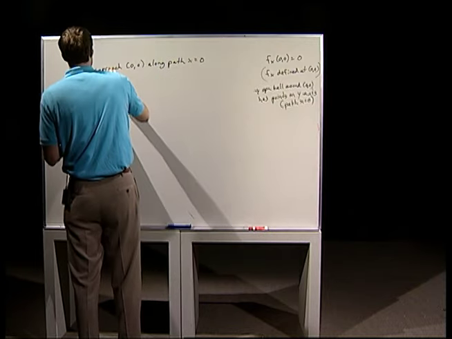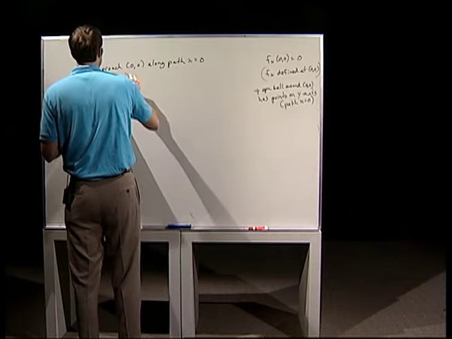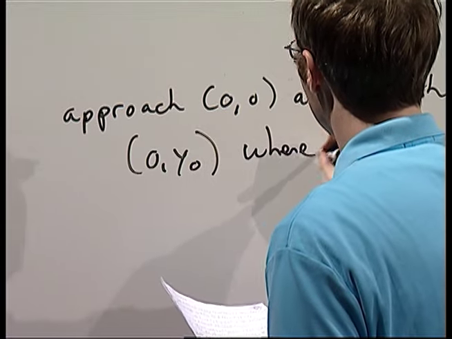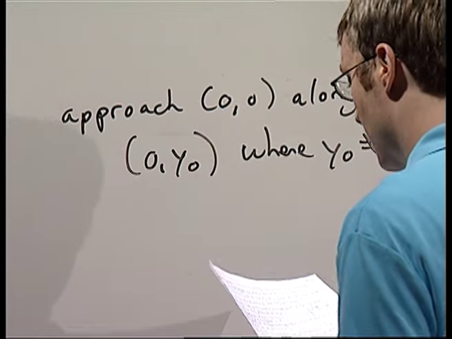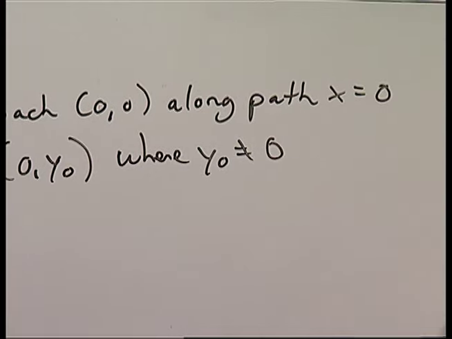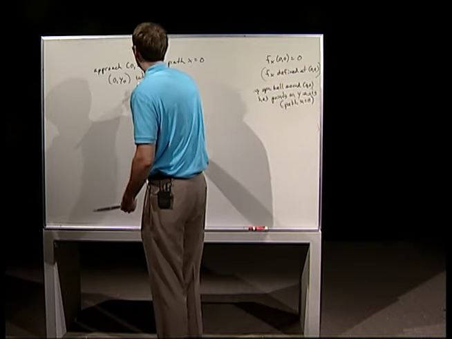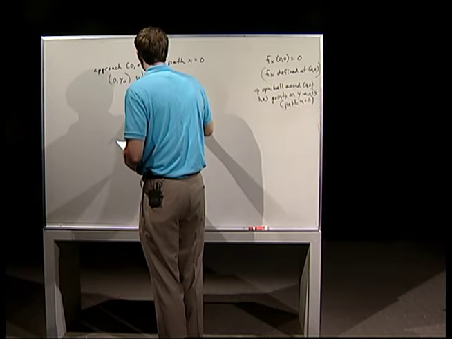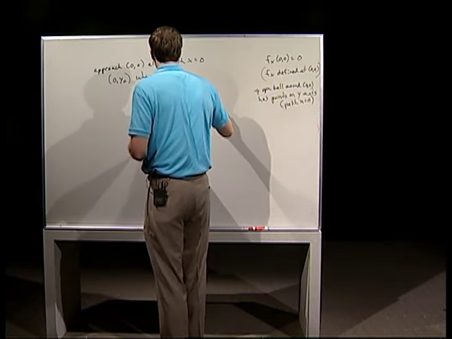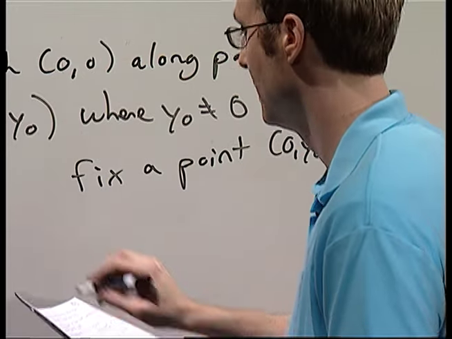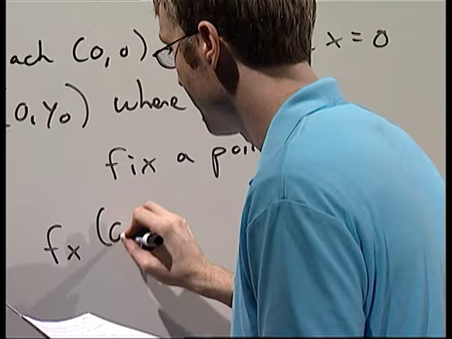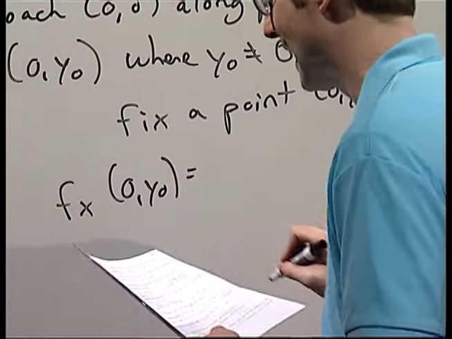That's the y-axis, i.e. your points all look like (0, y0), where y0 is not 0. Right? So you're on points that look like that. And let's fix a point (0, y0).